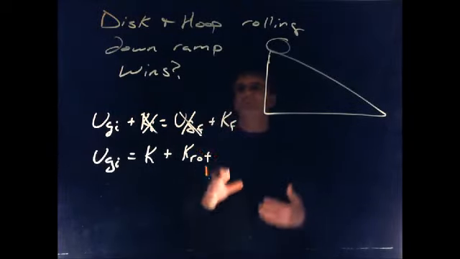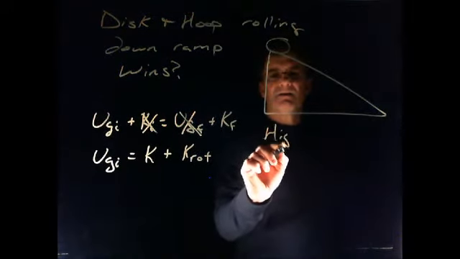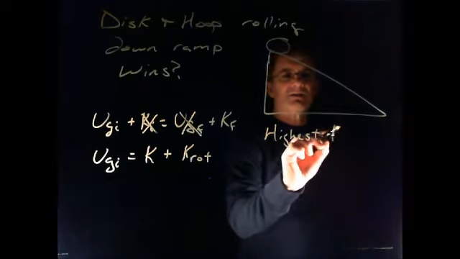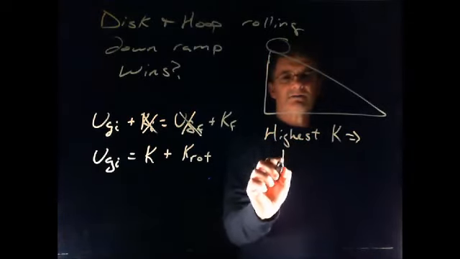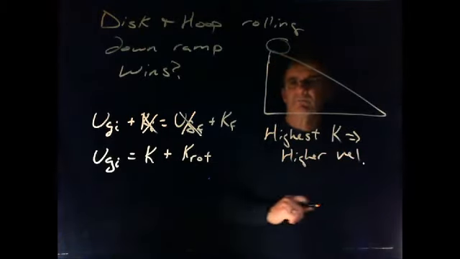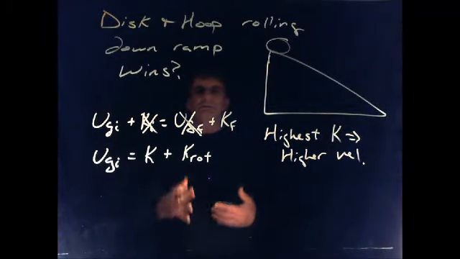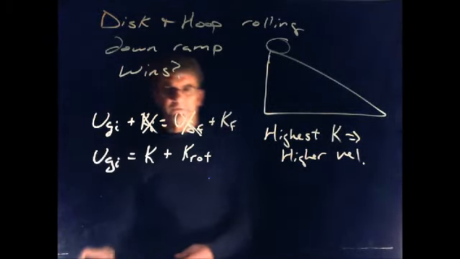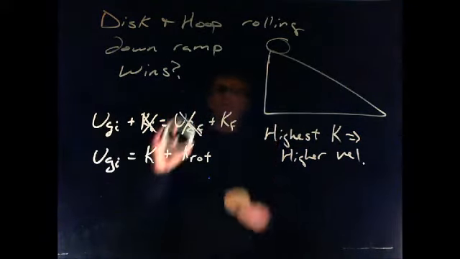The one that's moving fastest has the higher kinetic energy. Higher regular kinetic energy means higher velocity, because they're the same mass. When I look at this, we're going to argue it through, and I'm going to compare my cylinder with the hoop.